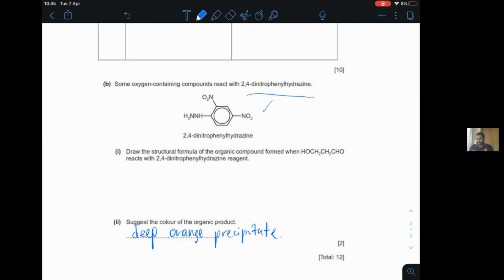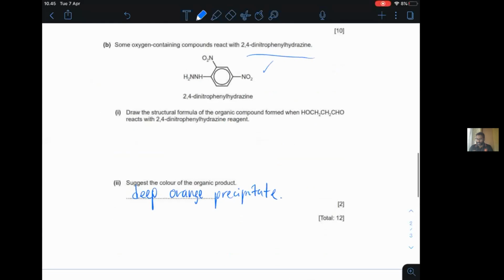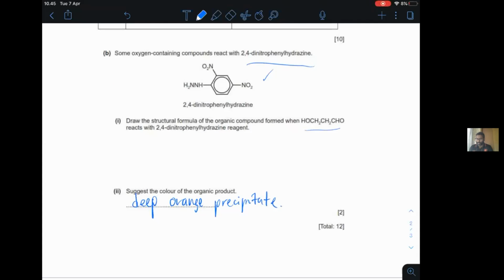Draw the structural formula when you have this compound reacting with that reagent. So if I put it here, you are going to get CHO, C double bond O H, then you have CH2, CH2, OH.